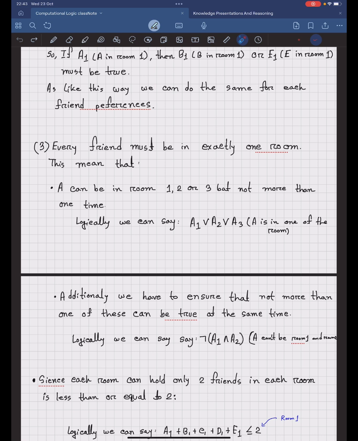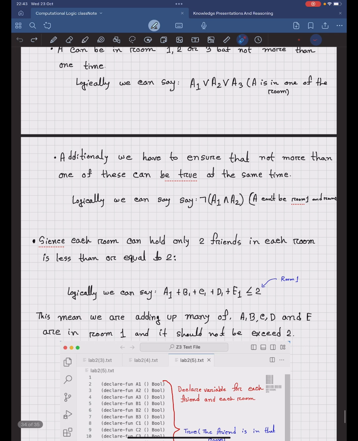So logically we can say that your A friend can be staying in room 1 or room 2 or 3. A is in one of the rooms. Every friend has to choose one room, which room he wants to stay in.